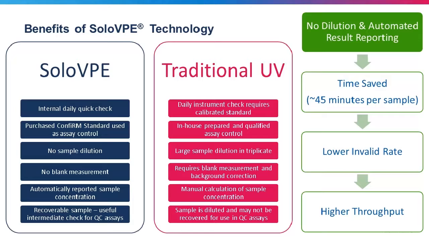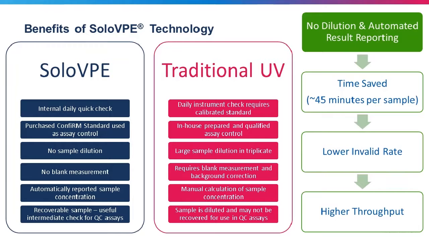Both methods would also require an assay control to ensure that QC regulations are met. However, with SoloVPE, there is an option to purchase a confirmed standard already supplied by the vendor that comes with a certified value, whereas for traditional methods, we typically have to prepare in-house controls and qualify them ourselves.